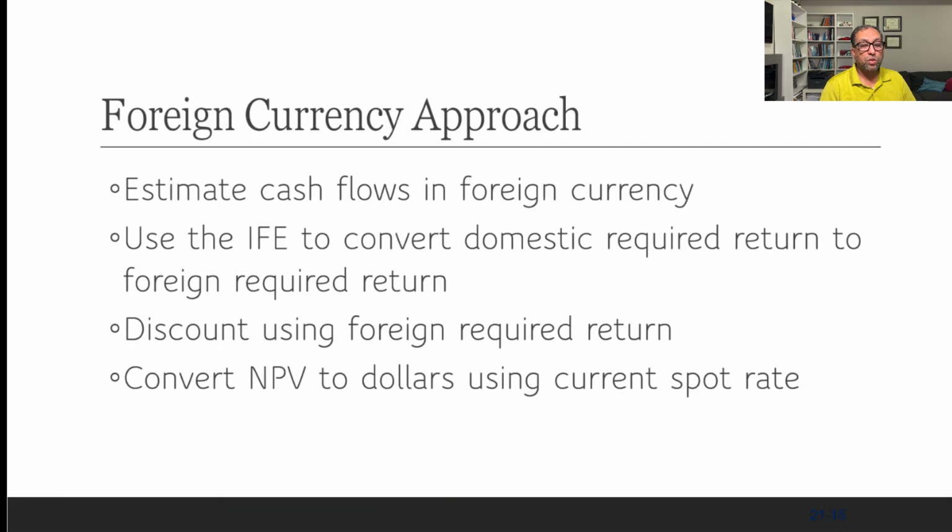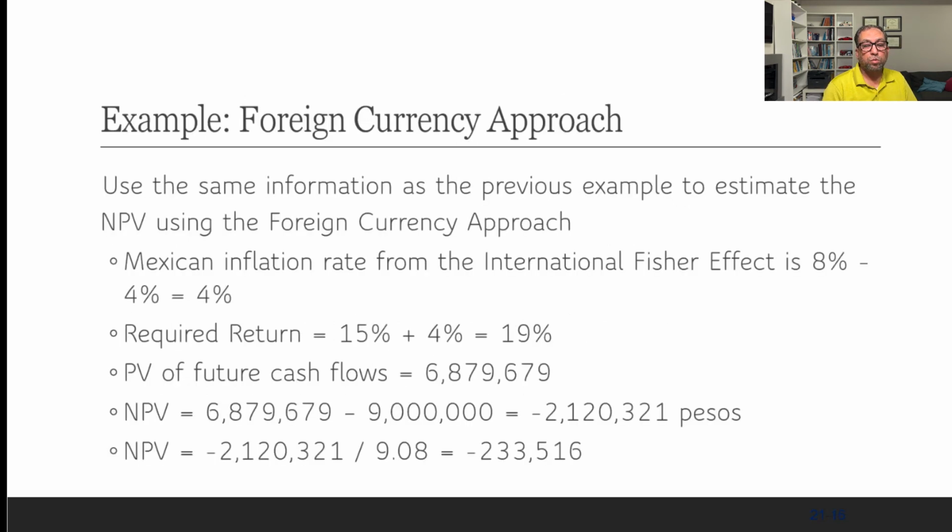But in the foreign currency approach, we estimate cash flows in foreign currency, use the IFE to convert the domestic required return to the foreign required return, and discount using the foreign required return. Then convert the NPV to dollars using the current spot rate.